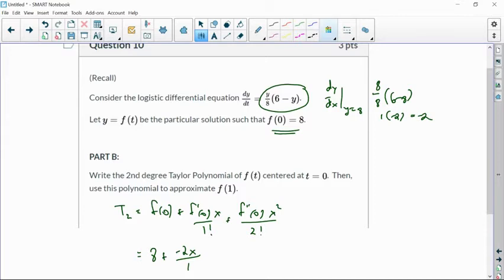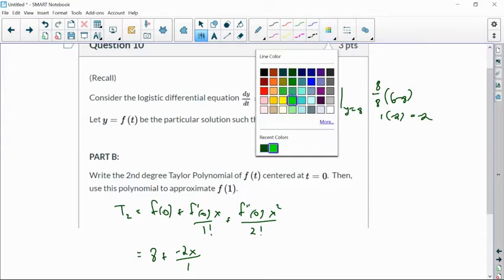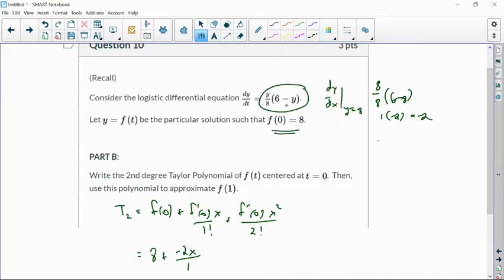So what I did then was distribute that y over 8. I made dy dt equal to 6 over 8, so 3/4 y minus 1/8 y squared. I just thought that was easier than having to do the product rule.